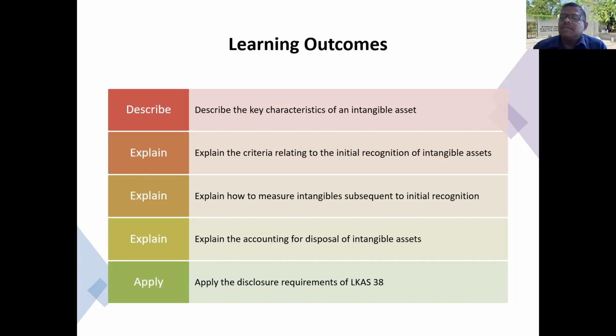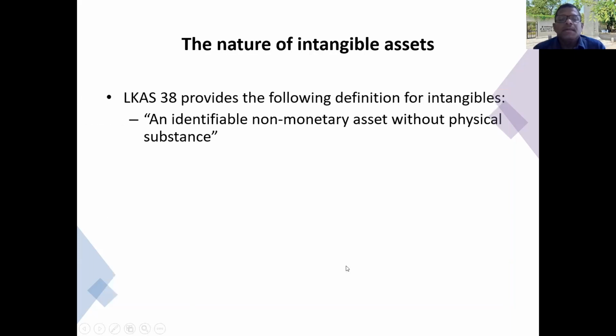So you may talk about the cost and revaluation models, and instead of depreciation, here we are talking about amortization and also derecognition. So we will look first at the meaning of intangible.